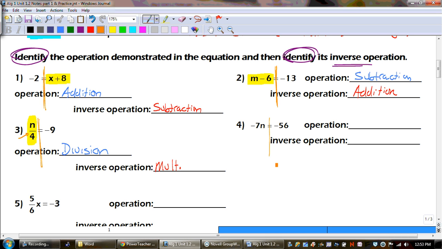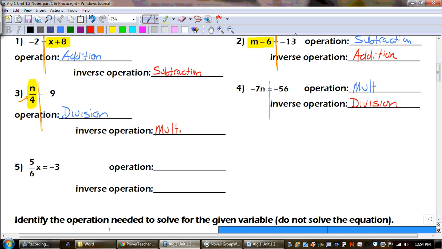Number 4. When there's a number and a variable next to each other, what does that mean? It means multiplication. And to get rid of multiplication, we use division. Now number 5, I want you to put a big star next to it. Very, very important. What operation is that?